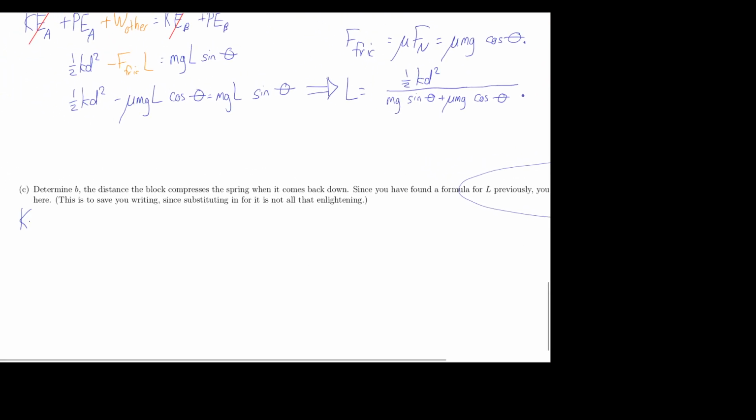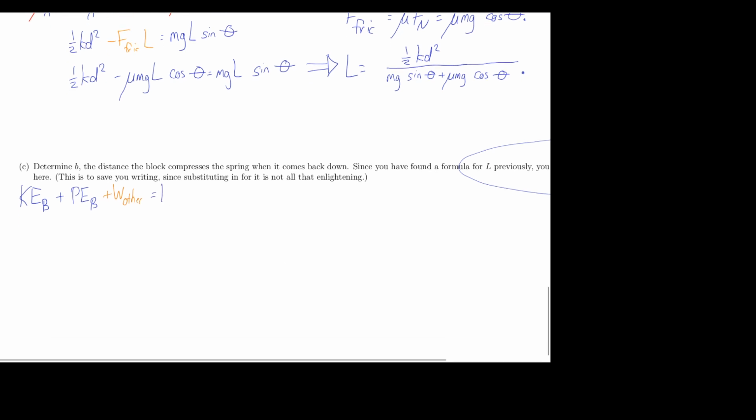So now I have the kinetic energy at B, which again will be 0, plus the potential energy at B, plus the work being done by other forces, equals the kinetic energy at C plus the potential energy at C. Again, the kinetic energies, both of them are 0 because we're connecting 2 points where the thing is stationary.